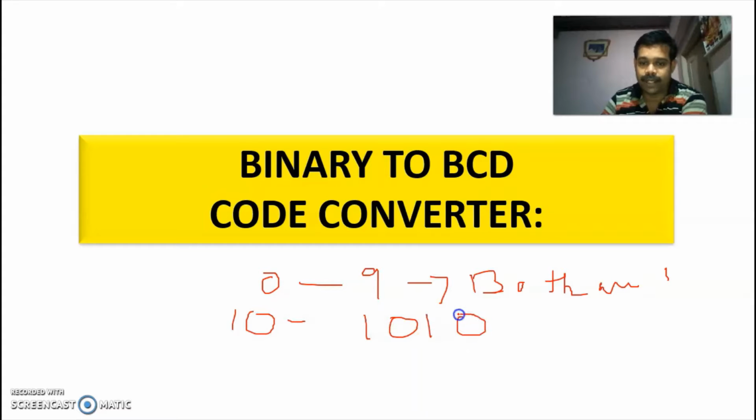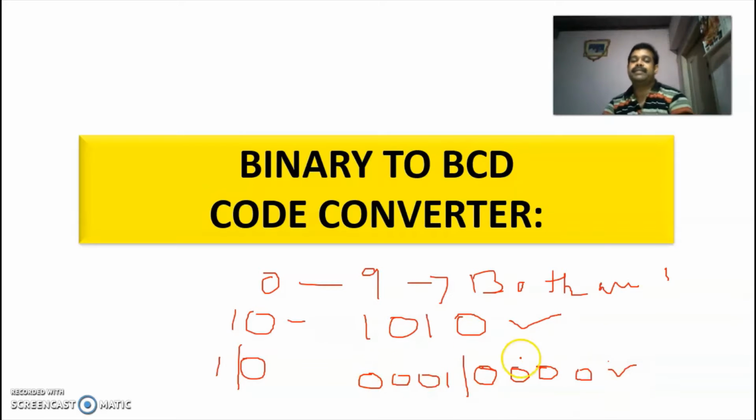In BCD, you have to represent each digit by 4 bits, so you will be getting 0001 0000. This is the representation of 10 in binary, and this is the representation of 10 in BCD.